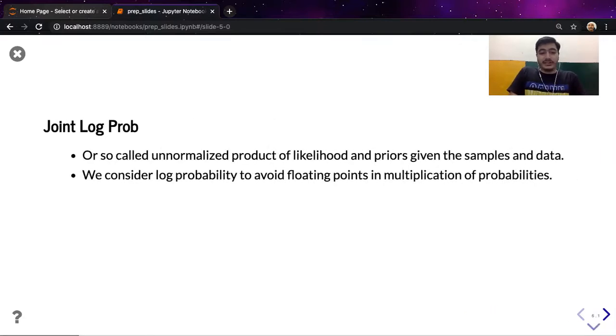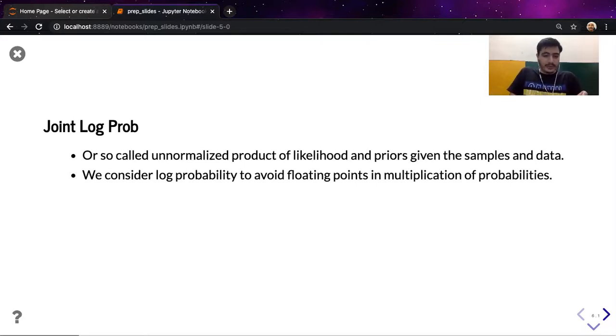Now we are interested in computing the joint probability of the model, which is just the product of likelihood and priors. We can also safely say the posterior term in Bayes' rule is directly proportional to the joint probability. And most of the time, from now onwards, we're going to be dealing with this joint probability.